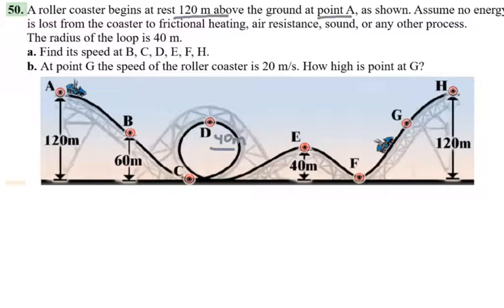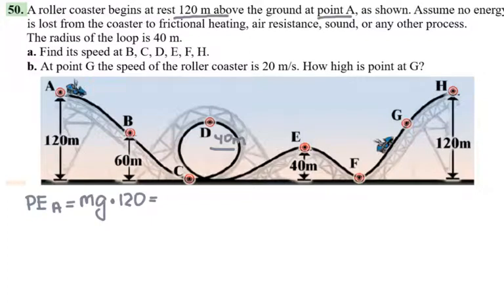Our first thing is the potential energy at A, because that's going to be how much total mechanical energy we have. So that is the mass, g, and h is 120. They don't give me the mass, but probably I don't need it.